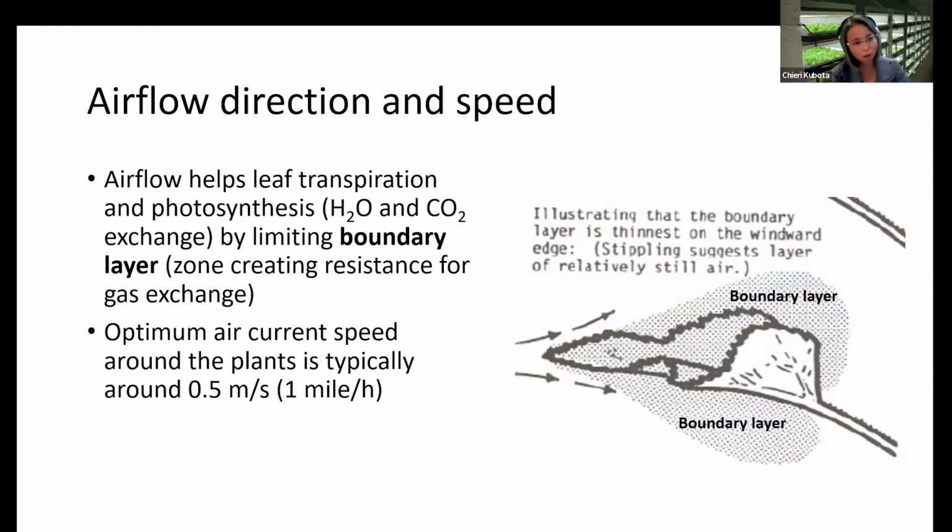If you have airflow, that boundary layer gets thinner and thinner, and that promotes gas exchange, with more transpiration happening from the leaves. And we know that the optimum air current speed is about 0.5 meter per second, which is about 1 mile per hour. So it's a gentle air, not a really fast speed. It's just enough to get leaves moving like this, gentle. That's really good airflow.